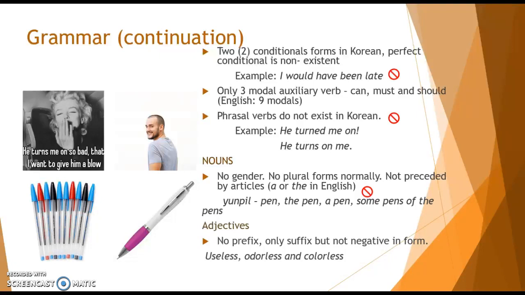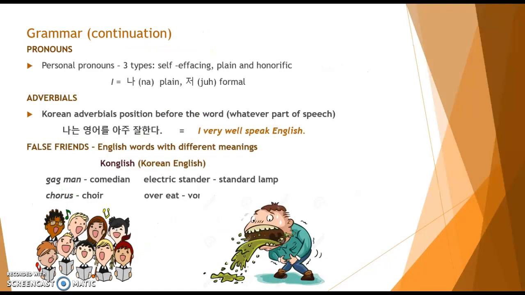Adjectives: no prefix, only suffix, but not in negative form. So they may understand colorful, useful, but it might be difficult for them to understand useless, odorless, and colorless because there is no equivalent in the Korean language.